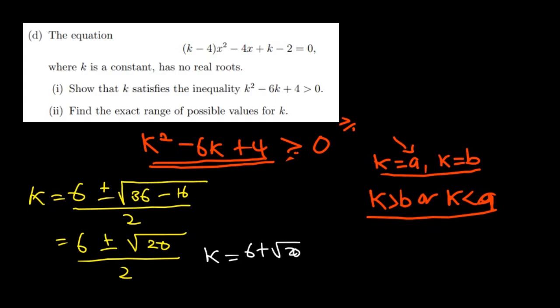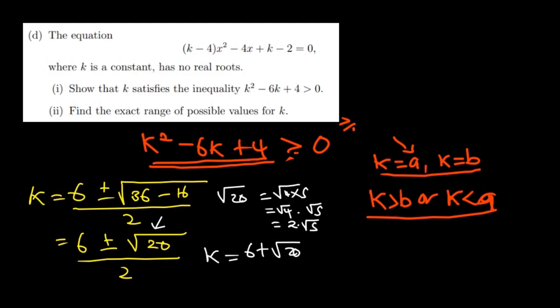This root of 20 here, we can simplify it, because this is a radical. Root of 20 is the same as root of 4 multiplied by 5. Then we distribute the root, that will be root of 4 multiplied by root of 5, and we know that root of 4 is 2, multiplied by root of 5.